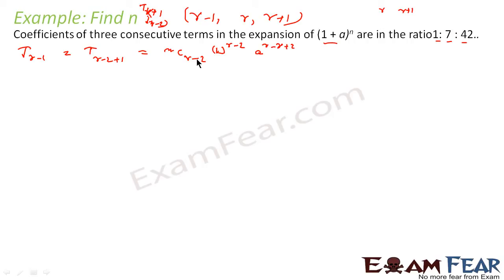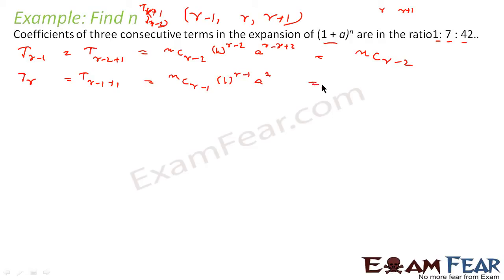So the coefficient, if you see, this is always 1 and this has some value. The coefficient is always nC(r minus 2), since 1 to the power r minus 2 is 1. Similarly, t of r is nothing but t of (r minus 1) plus 1, which is nC(r minus 1) into 1 to the power r minus 1, a to the power 1.